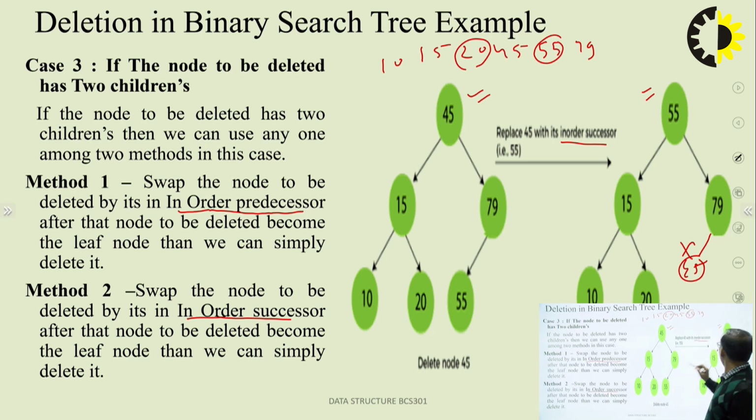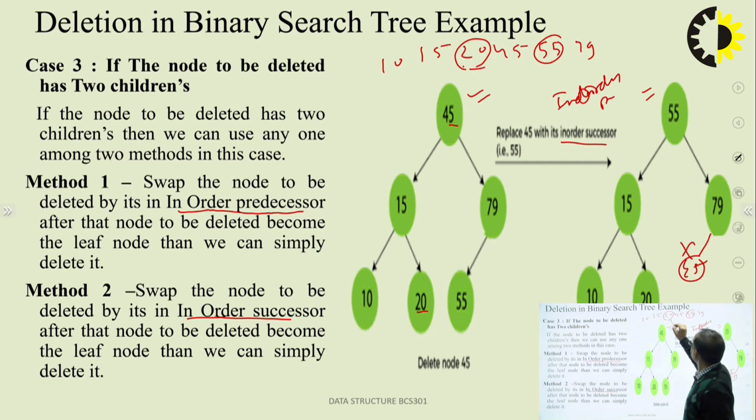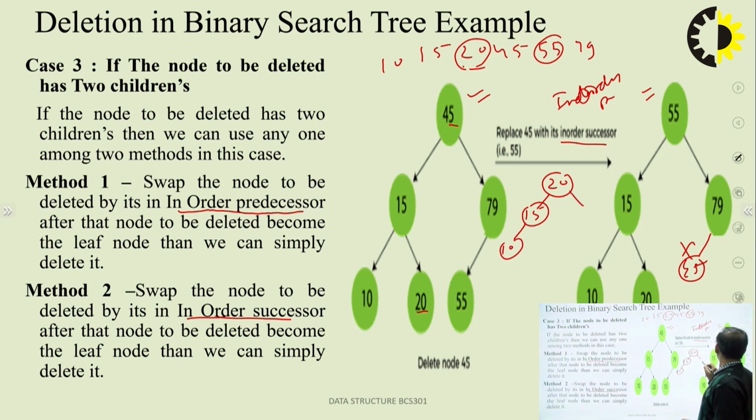In case of 45 using the in-order predecessor, 45 will be swapped with 20 because 20 is the in-order predecessor. So in that case, what will be the tree here? 20, and this will be 15, and this will be 10, and here this will be 79, and this will be 55.